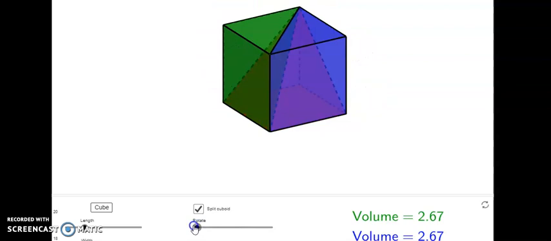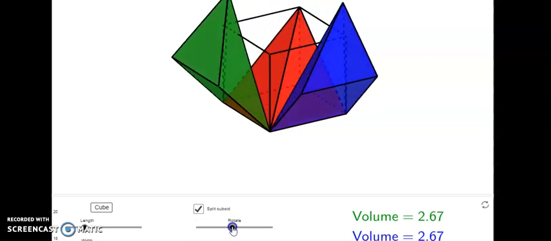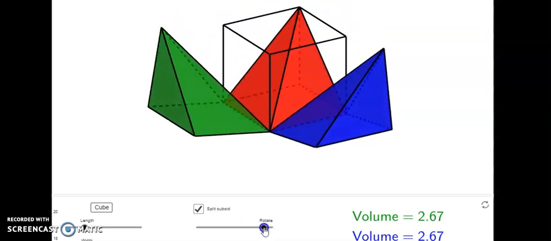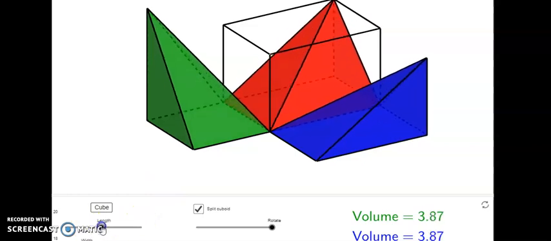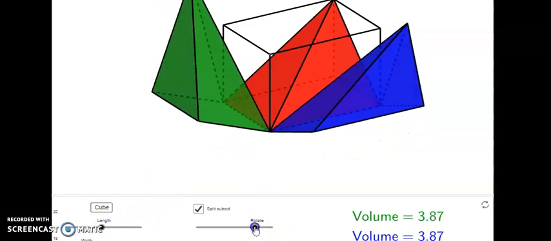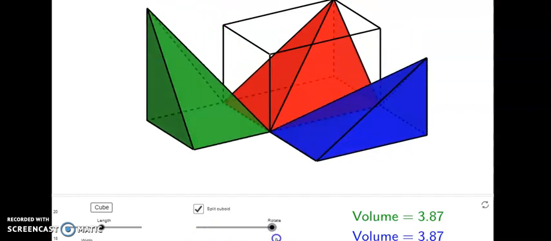That means in this cube we have the space of 3 pyramids with the same height and the same base, the area of the base, fitting inside of this. And we may change the figure, but again, this is not a cube, it's a rectangular prism.